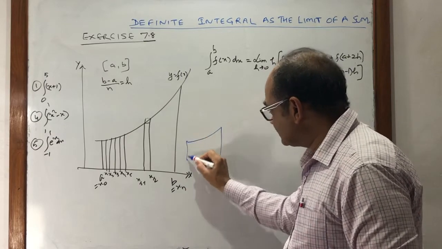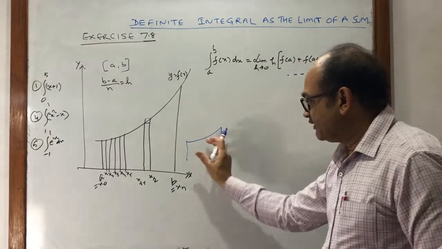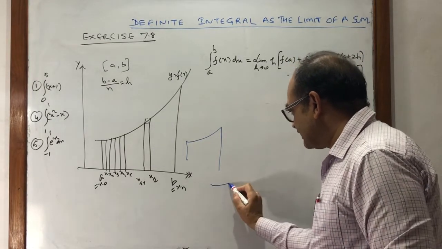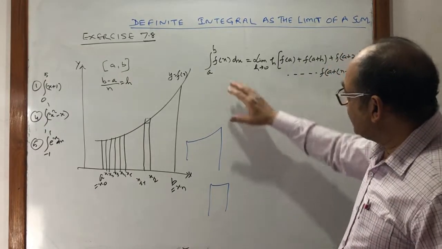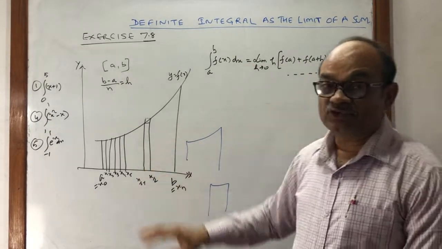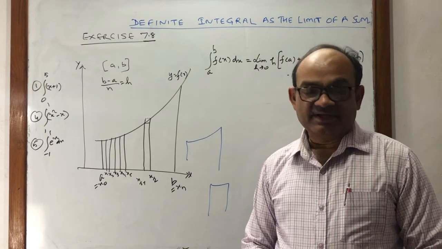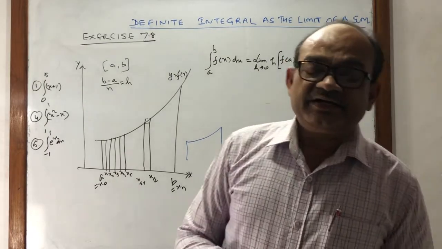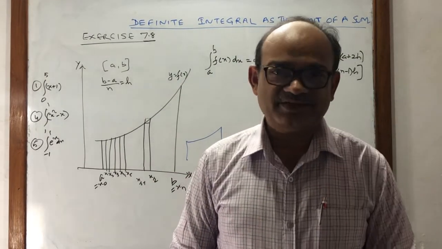But since we enlarge it, it is a very small quantity, and when it is very small, it is just like a rectangle. That's why we are adding all these rectangles and getting the total area of the definite integral a to b f(x). And that's why the major use of definite integrals is to calculate the area of bounded regions.